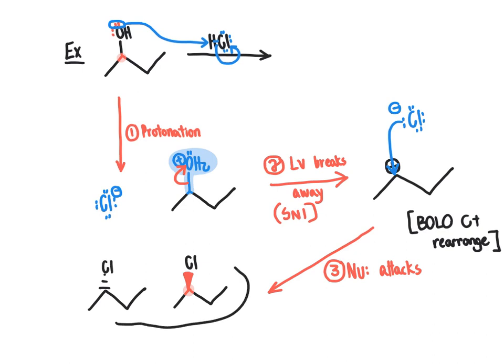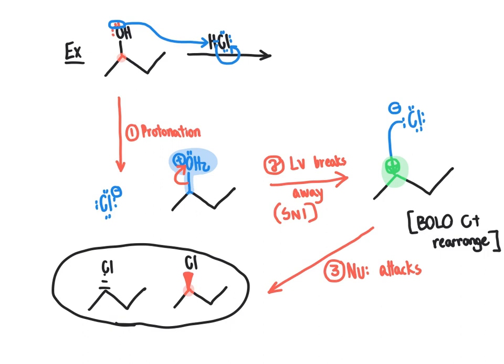So we'd have two different stereochemistries there to the chlorine. The reason for that is that our intermediate here is planar. Since it's planar, meaning laying flat, the chloride anion can attack from either the top face of the molecule or the bottom face, thereby giving rise to the chlorine either oriented toward you or away from you, or in other words, showing up as a wedge or a dash in the final product.